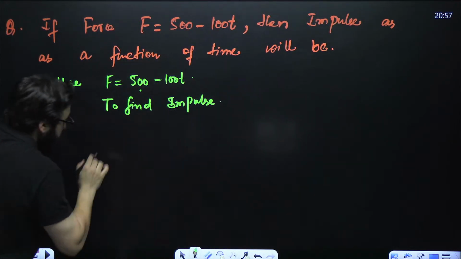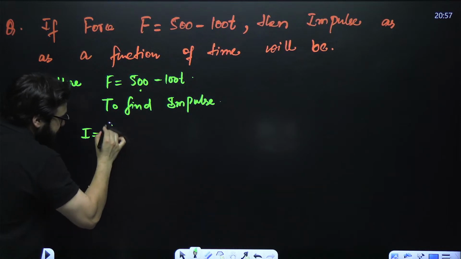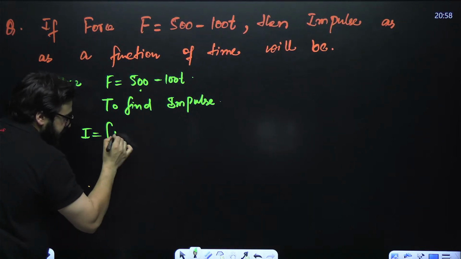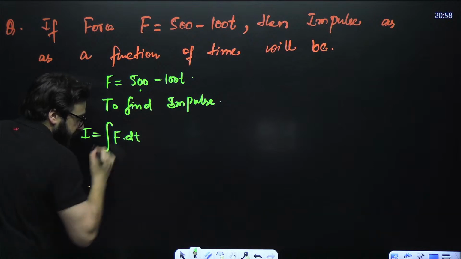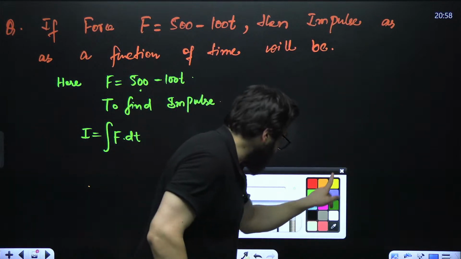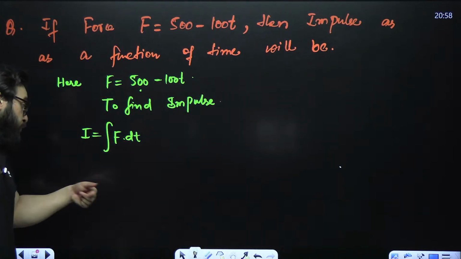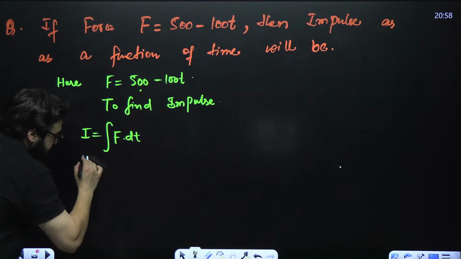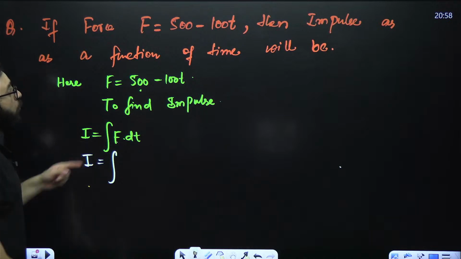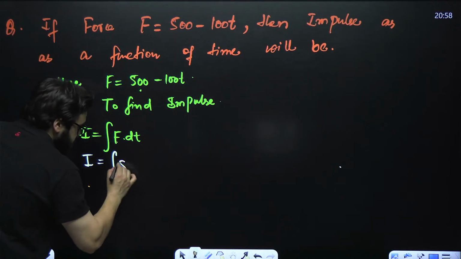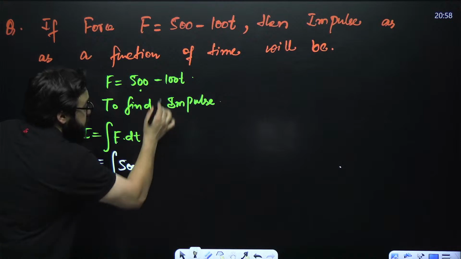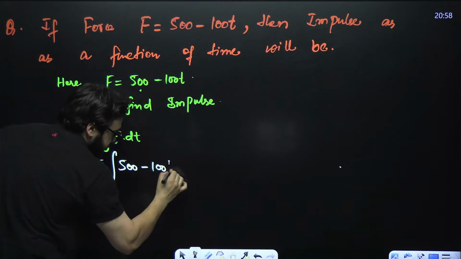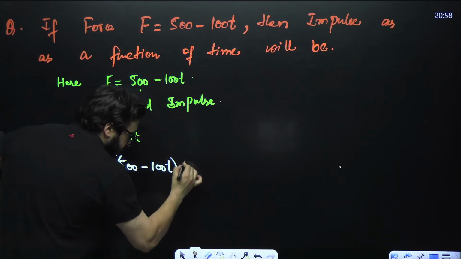Guys. We know impulse is simply integration of F dt. Means if force is given, you have to find the impulse. What will you do? You'll do the integration. So we say impulse is integration of force, that is 500 minus 100t, and then I'll write over here dt.